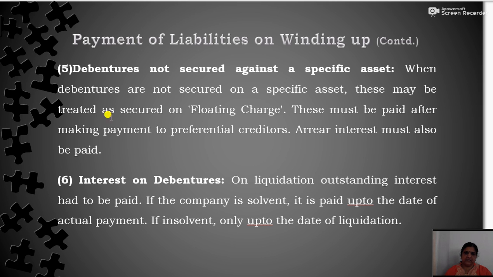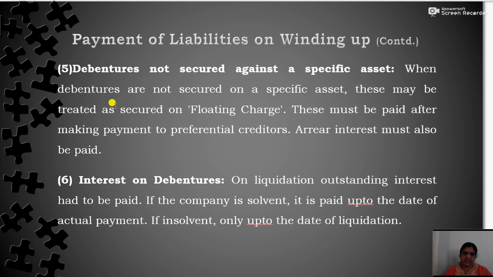Next is debentures not secured against specific assets. So secured debentures will come under the category of secured creditors. Okay, so there can be certain debentures not secured against a specific asset. Now when debentures are not secured on a specific asset, these may be treated as secured on floating charge. So here there is no specific charge over specific asset, but there can be certain floating charges.